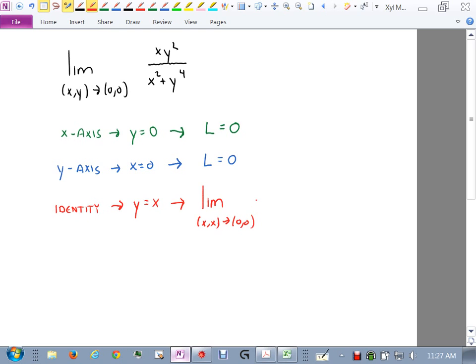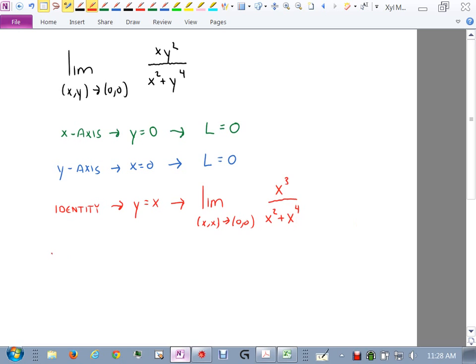What will I have? X cubed over x squared plus x to the 4th. Uh-oh. What do we do here? Factor an x squared out on the bottom.